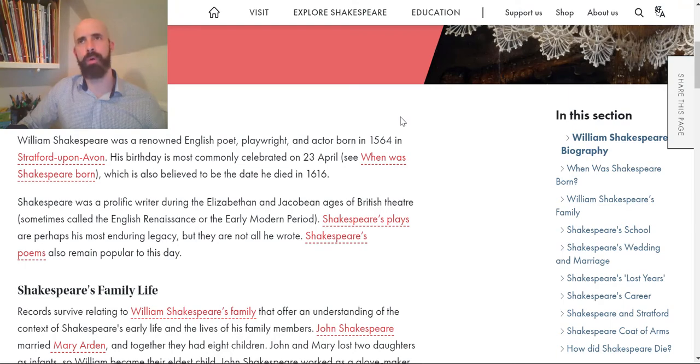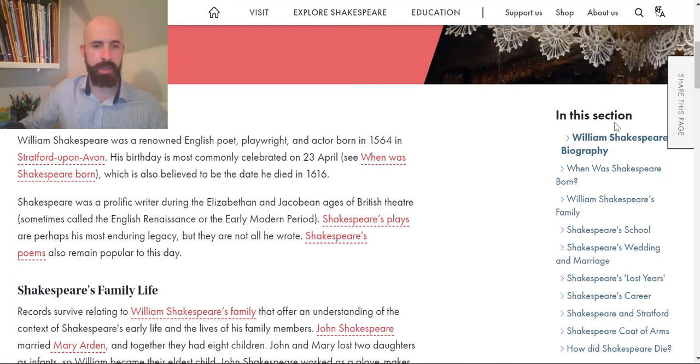It seems likely that he probably died of peritonitis, possibly a burst appendix, but that's speculation. It could equally have been something else. But he died quite quickly over a period of 3 or 4 days, was taken sick, was febrile, and died in a few days. By that point, he was a very wealthy and successful man and had retired back to his hometown, which is Stratford upon Avon.